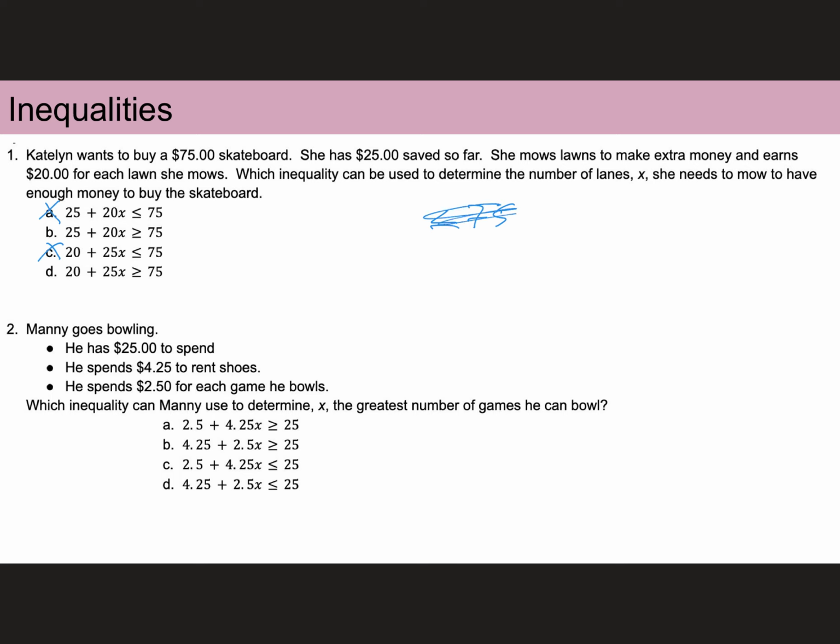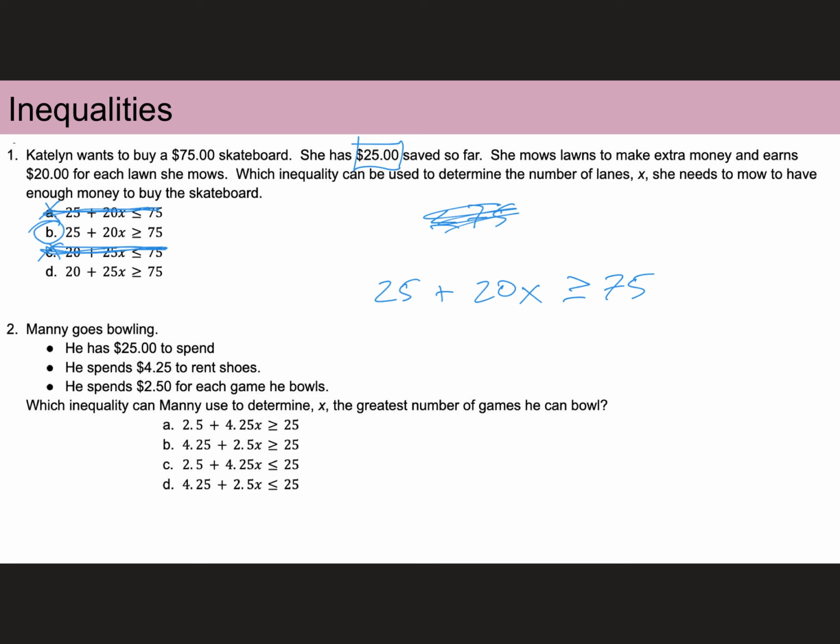So these two are immediately off the table for what could be answers. She has $25, and then she makes $20 for each lawn she mows. So which one of these shows me greater than or equal to 75? And that would be B.